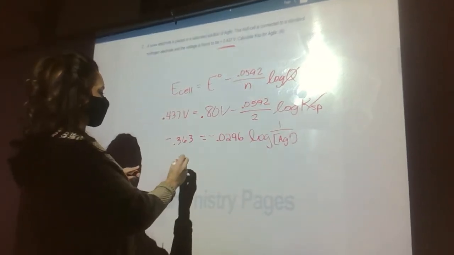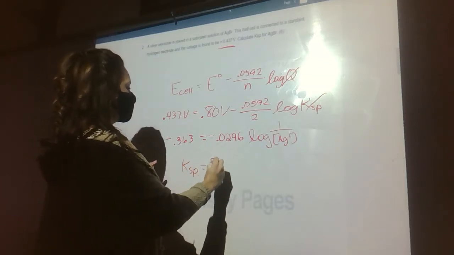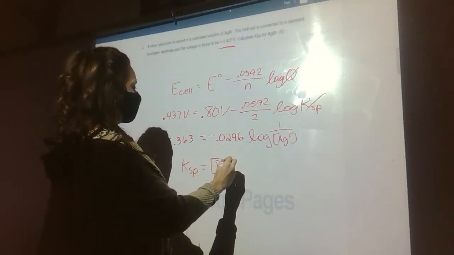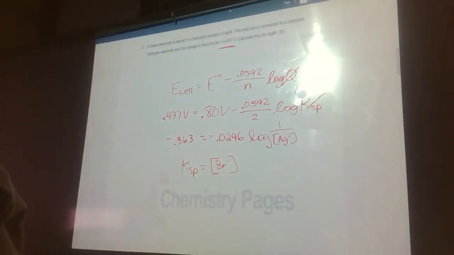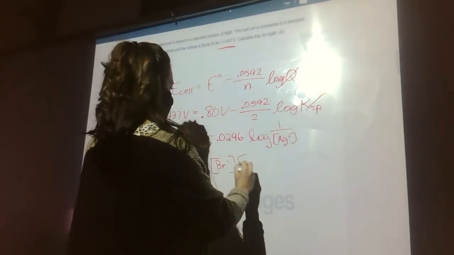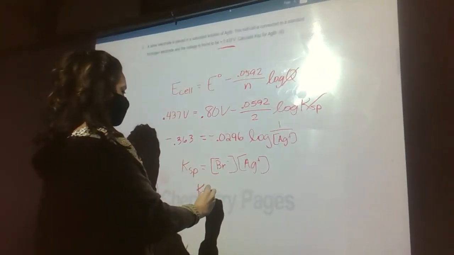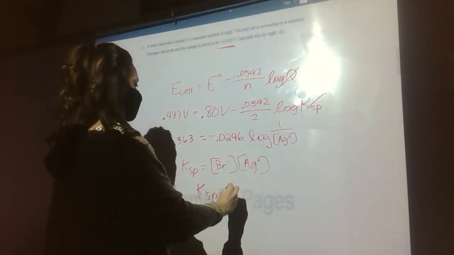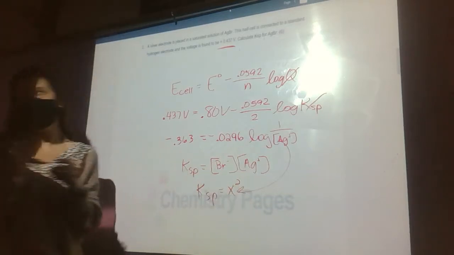So once you know silver concentration, we know that KSP equals the concentration of silver times bromide. So KSP equals x squared. So whatever you get for silver, you're just going to square it.